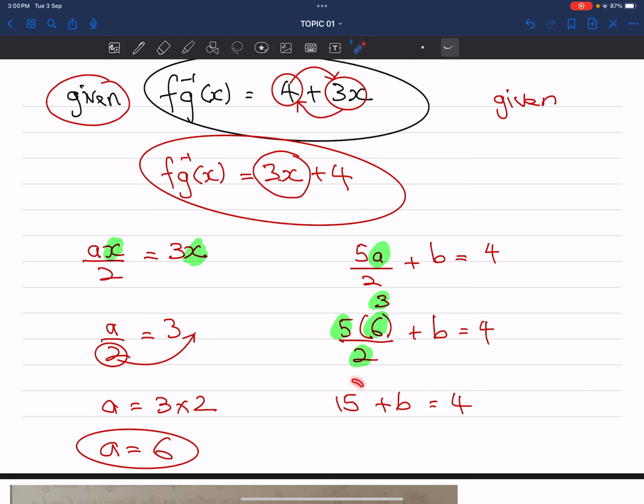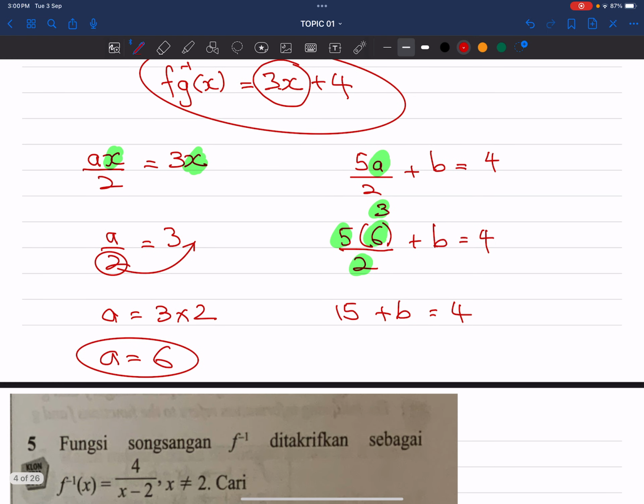I take the 15 positive and bring it to the other side, it becomes negative. So b is 4 minus 15. Therefore, b is negative 11. Our second answer.